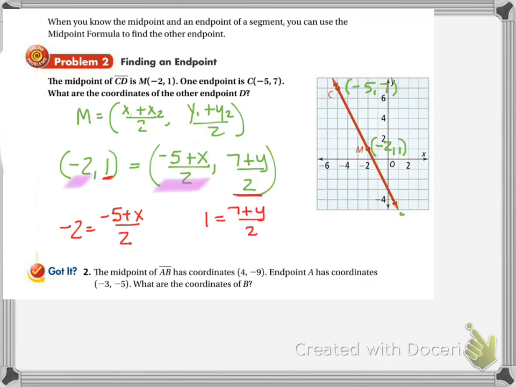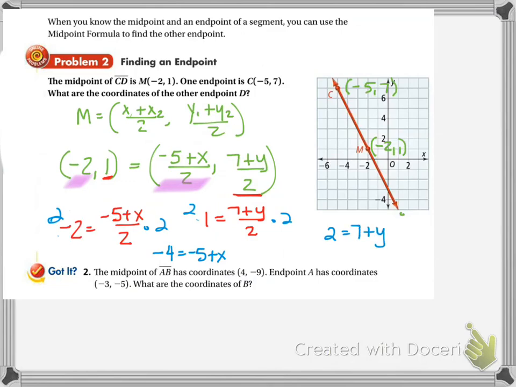So now I have two things to solve. To solve them, in both of them, we want to multiply by 2. So we have negative 4 equals negative 5 plus x, and we have 2 equals 7 plus y.